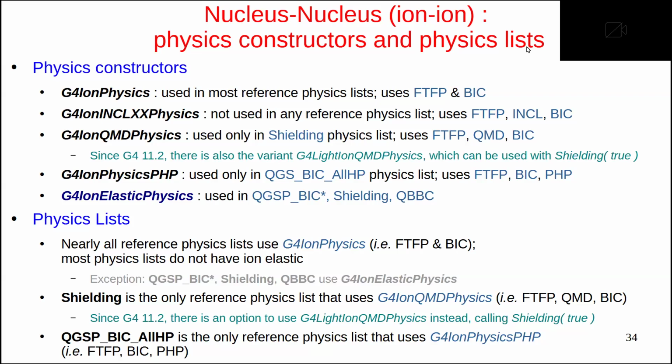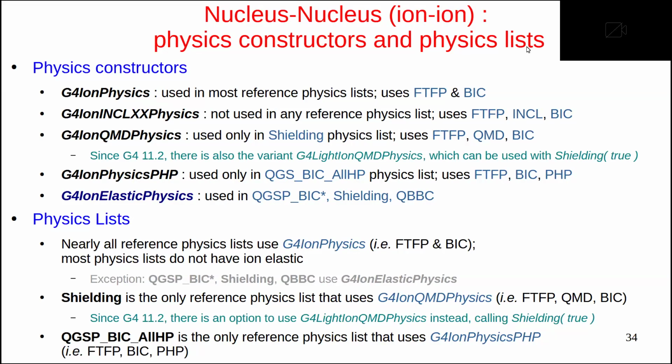Shielding is the only reference physics list where the QMD model is used. There is also the possibility of the light ion QMD that you can use. And then there is QGSP_BIC_AllHP, which is the only one using this ion physics PHP way to handle the interaction. So a different option.